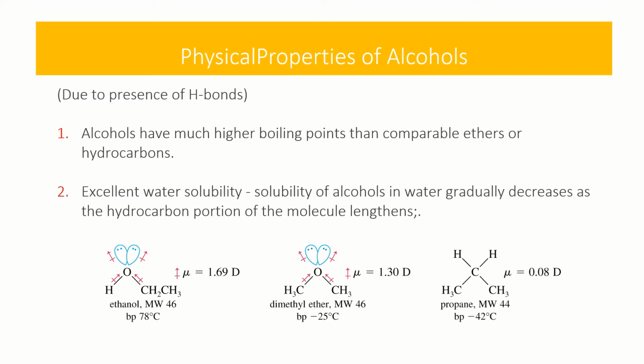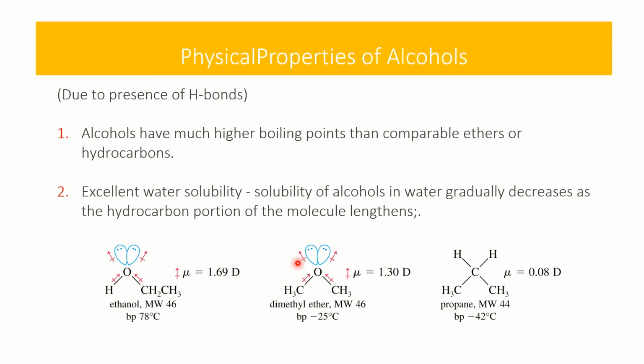Note that due to the presence of hydrogen bonding, alcohols have much higher boiling points than ethers, alkanes or alkyl halides. For example, you can see here, this ethanol has a boiling point of 78 degrees.